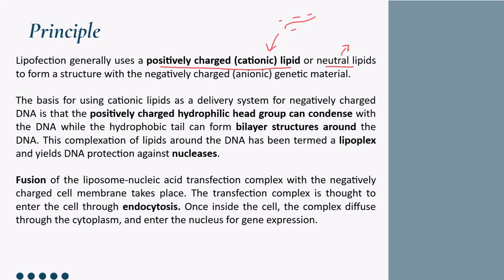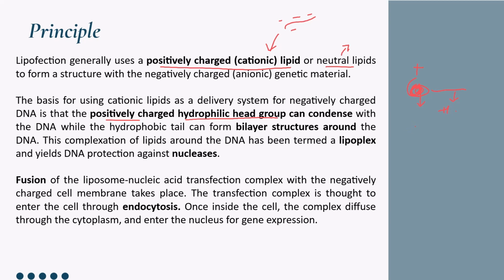The basis of the cationic lipid system is that the negatively charged DNA meets the positively charged hydrophilic head. The lipid molecule has a hydrophilic head and a hydrophobic tail, right? The hydrophilic head part will be positively charged and it can condense the negatively charged DNA, and this head and tail structure helps in the formation of a bilayer around the DNA.